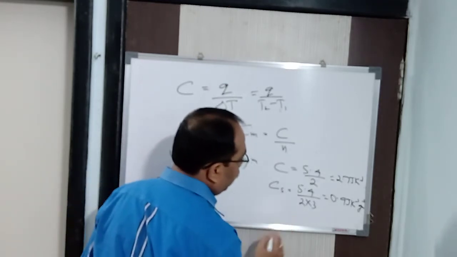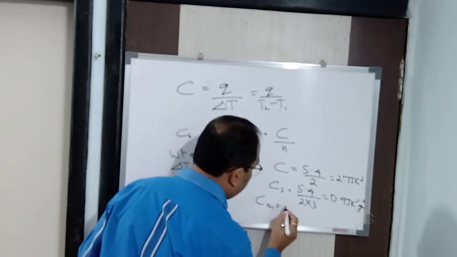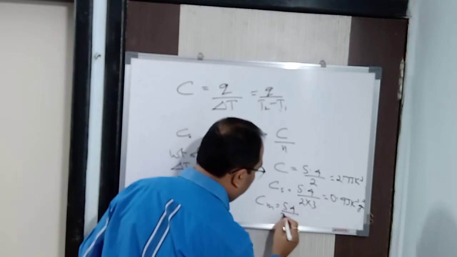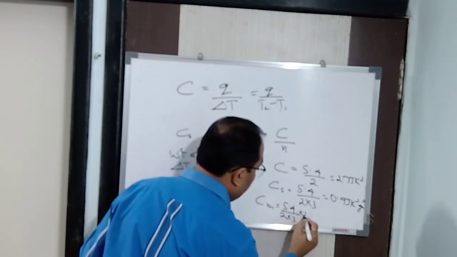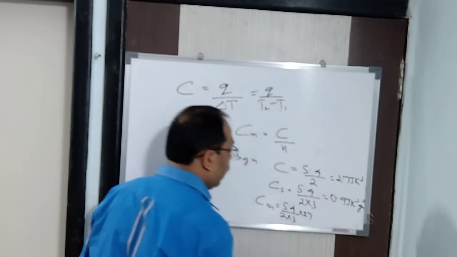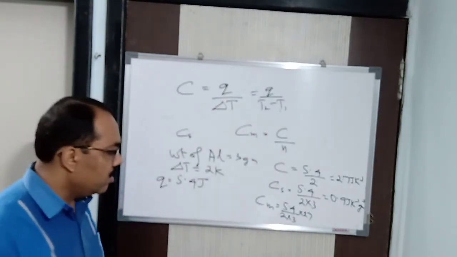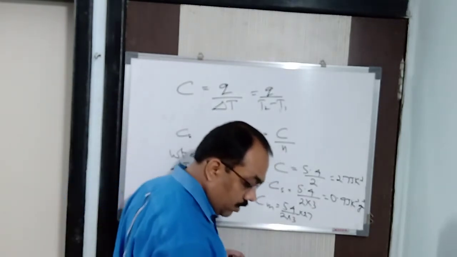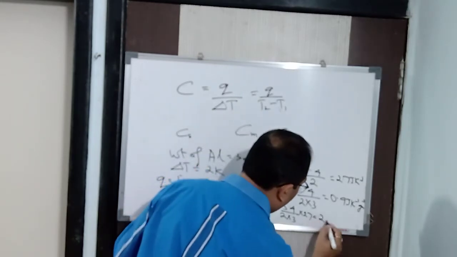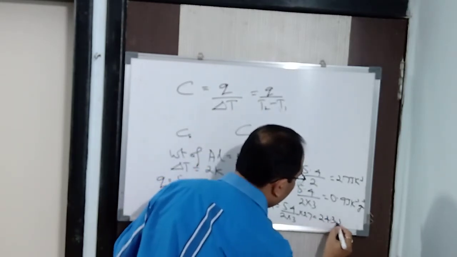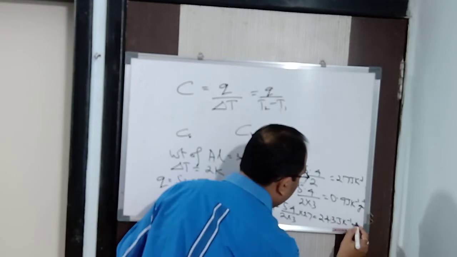Now next is molar heat capacity. It will be 5.4 by 2, into the molar mass. The atomic weight of aluminium is 27, so into 27, you will get 24.3 joules per Kelvin per mole.